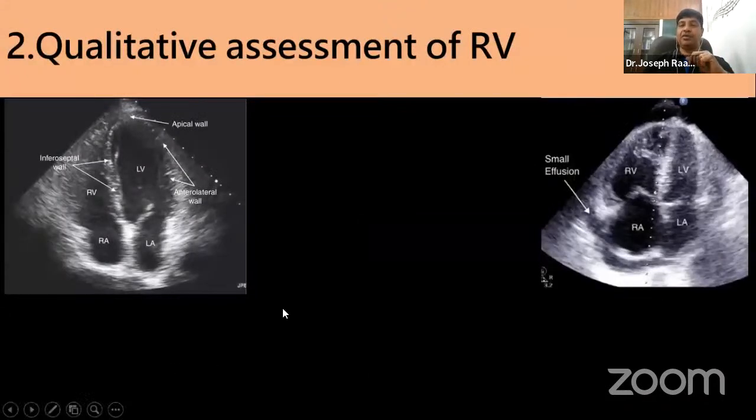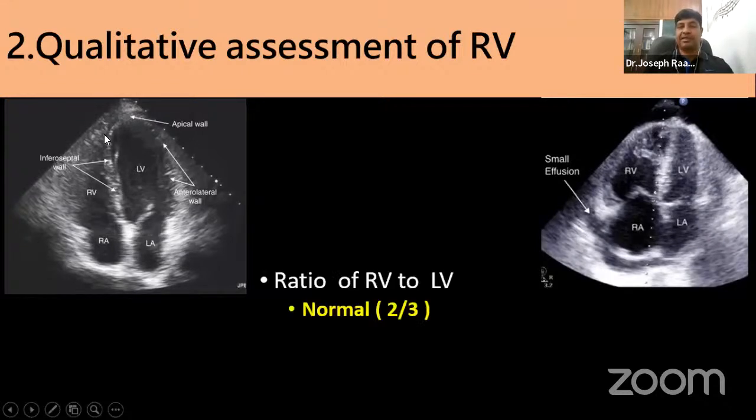How do you qualitatively assess the right ventricle and the left ventricle? It's done with a comparison. We all know that the apex of the heart is formed by the left ventricle. Number two, the left ventricle is always bigger than the right ventricle. In right ventricular dysfunction, this gets reversed.